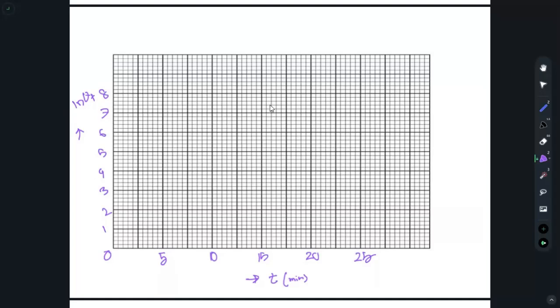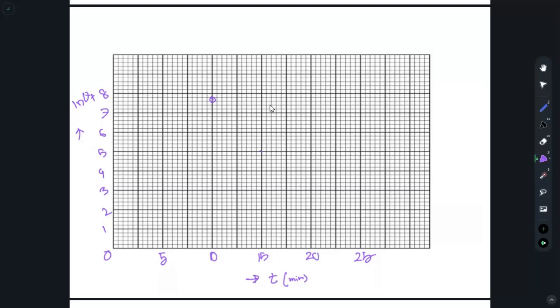So for time 10, you got a value of 7.6. So this is 6, this is 7, so 7.6 will be more units up. So this is the point. For 15, you get a value of 5.